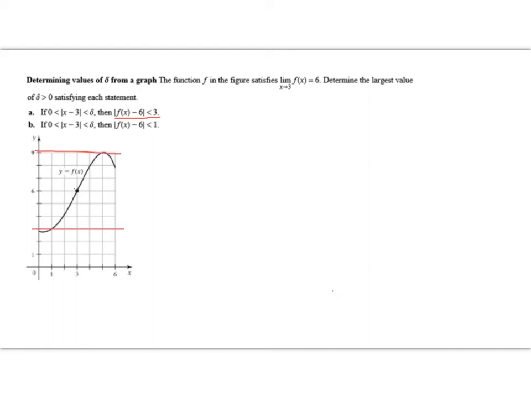I look at the y values there, find those points on the graph that meet those y values, and bring them down to my x-axis. So I know when x equals 1 and when x equals 5. We want to know, for our delta, how those compare to 3. Notice 5 is 2 above, 1 is 2 below, so my delta value is 2.